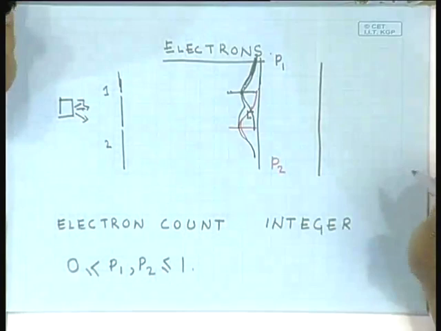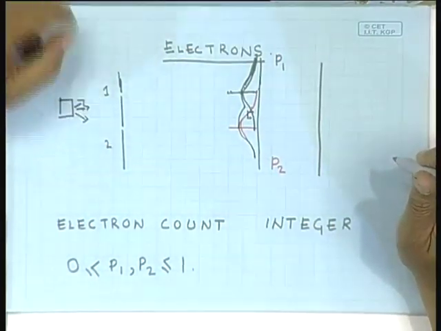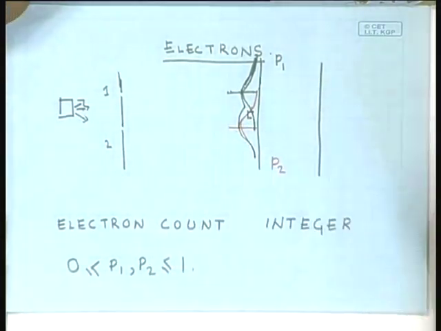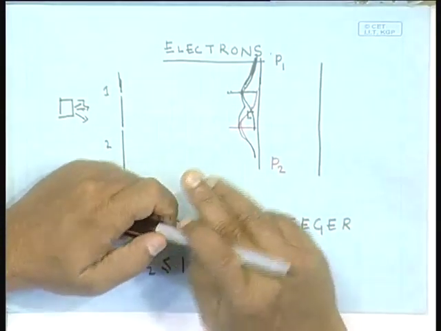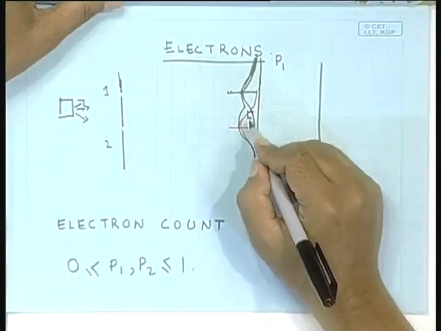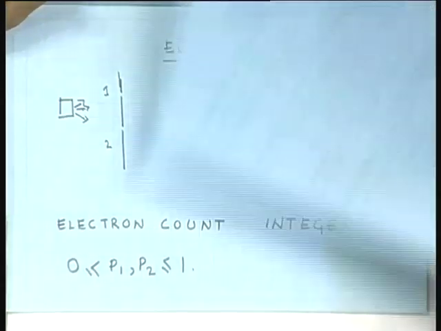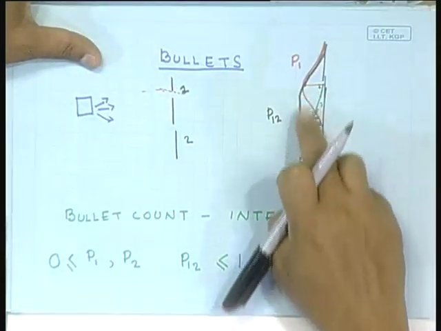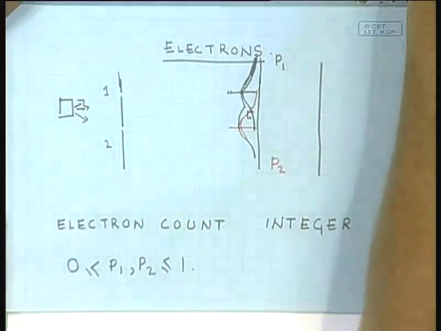Now, if you actually do the experiment where you send electrons from this side on two slits like this, what you get does not look like the sum of P1 plus P2, it does not look like this, it looks like this.